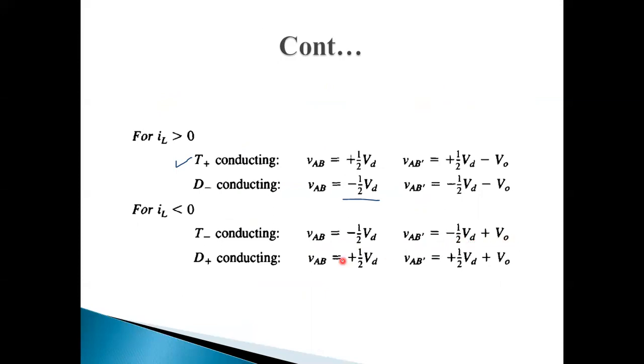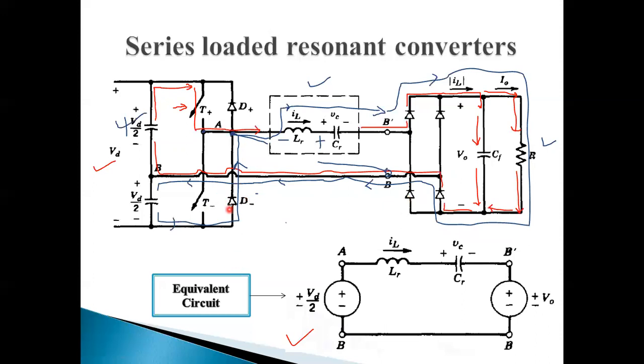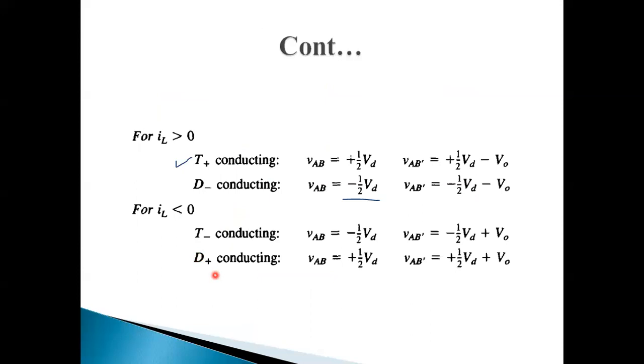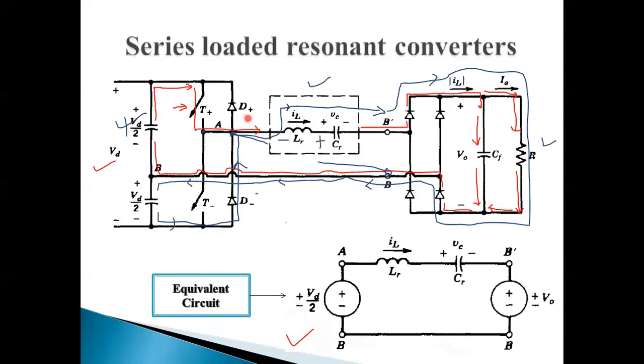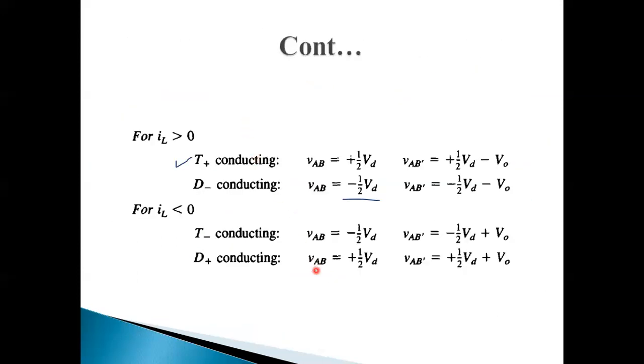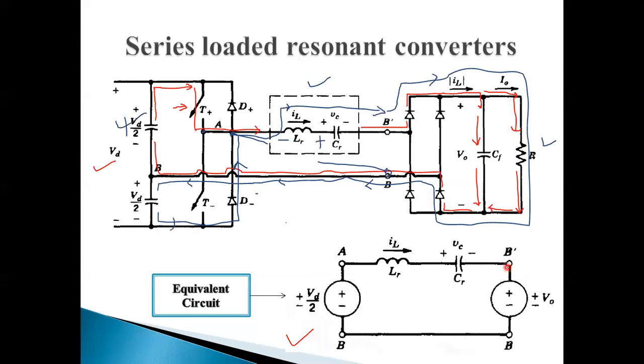Similarly, in the discharging time, D plus is conducting, and at that time we get VAB equal to positive VD by 2 and VAB dash equal to positive VD by 2 plus V0. This is very easy. So this is our series loaded resonant converter.